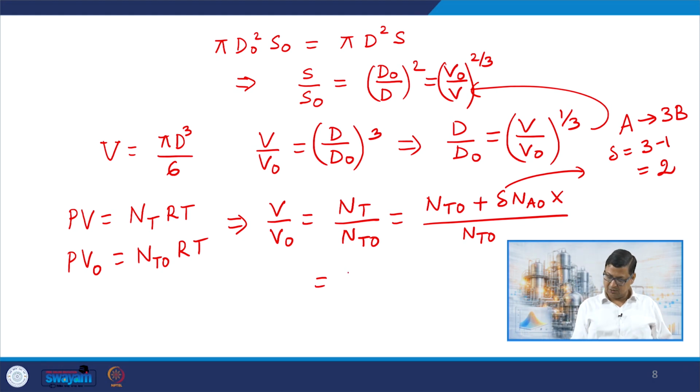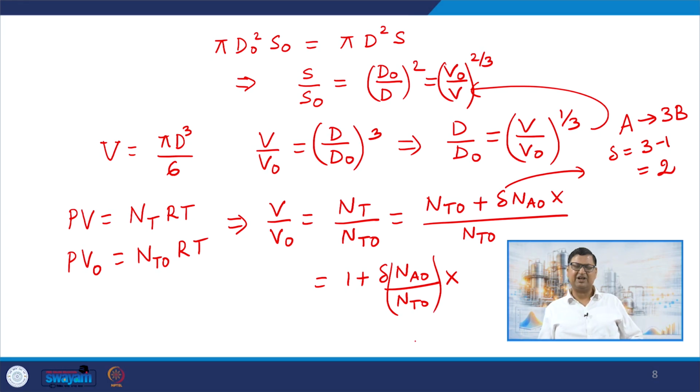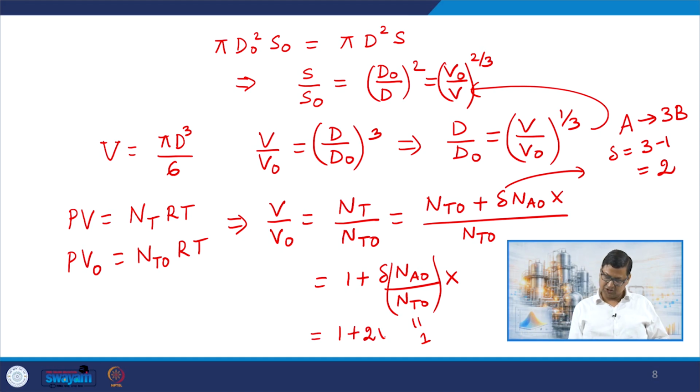So this gives me 1 plus delta Na naught by Nt naught times x, and Na naught by Nt naught, that is my mole fraction of A in the beginning, is anyway equal to 1, because in the beginning we don't have any B in the balloon. So this gives me 1 plus 2x.